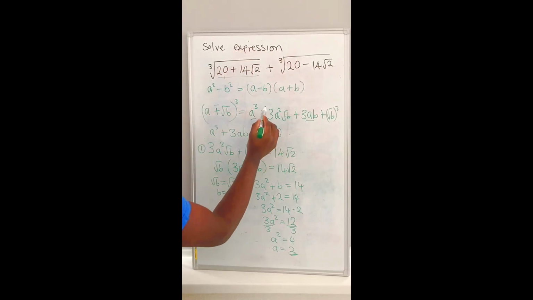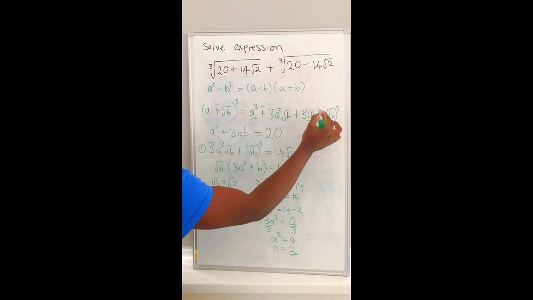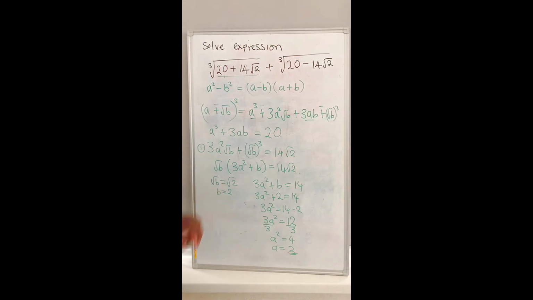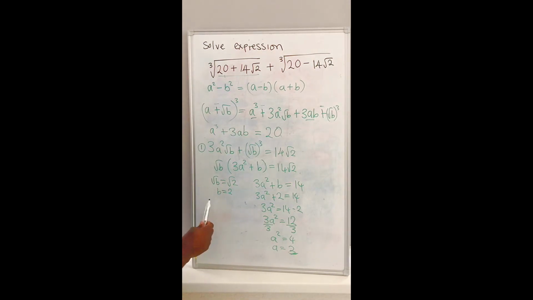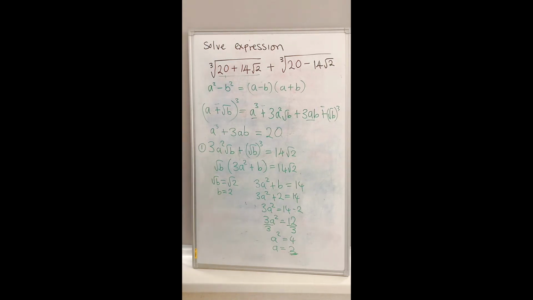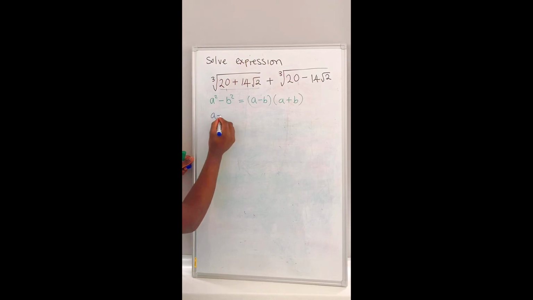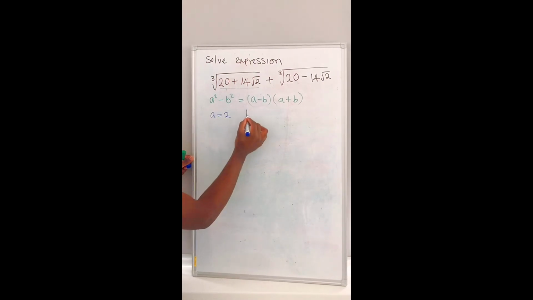You end up with an equation that would have minuses here. But when you do everything, you still end up finding b 2 and a 2. So earlier on, we found out that our a was equal to 2 and our b was equal to 2.